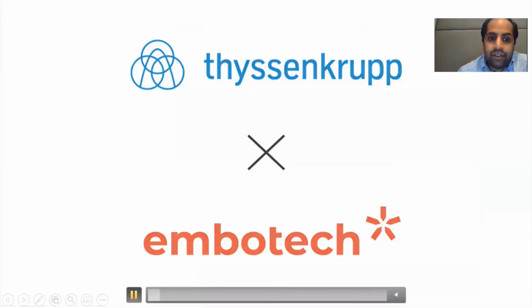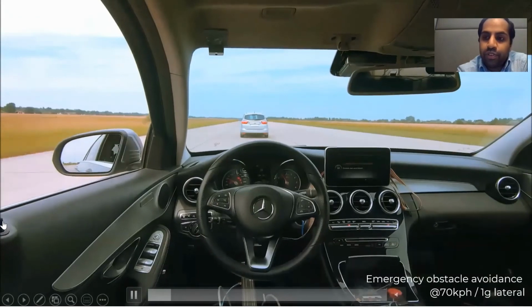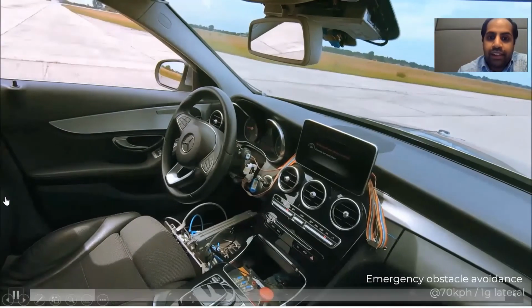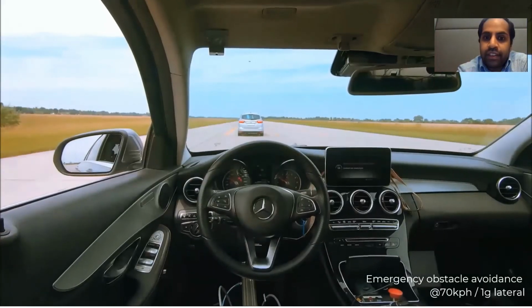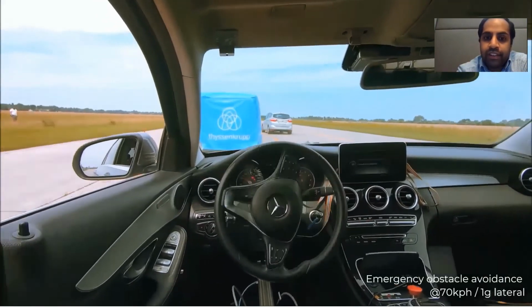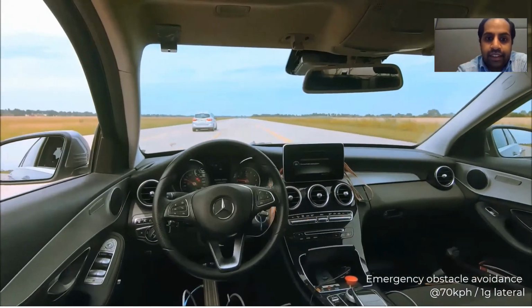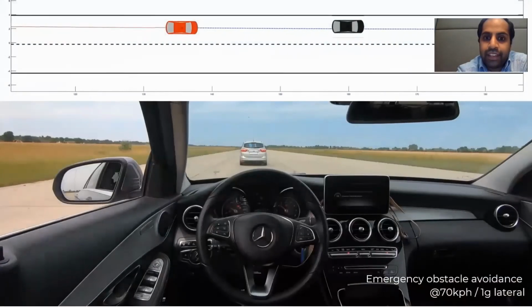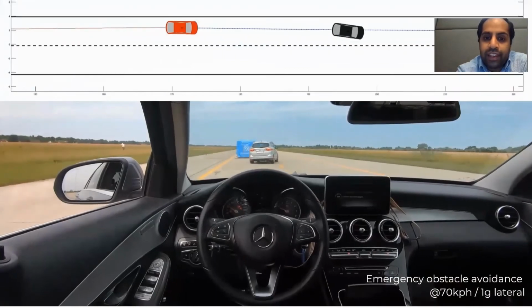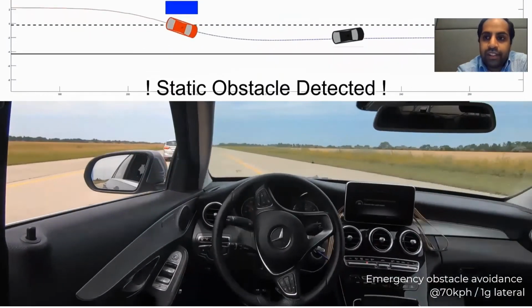The second scenario I want to show is also a forces-based motion planning algorithm. There we have a commercial vehicle, and it's also driving autonomously. In this case, there's an obstacle placed, and you only see in the last minute that there is an obstacle.